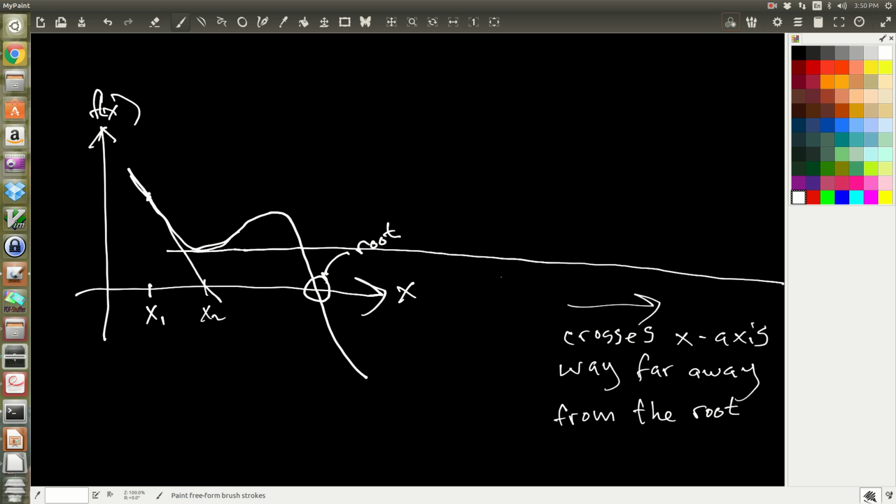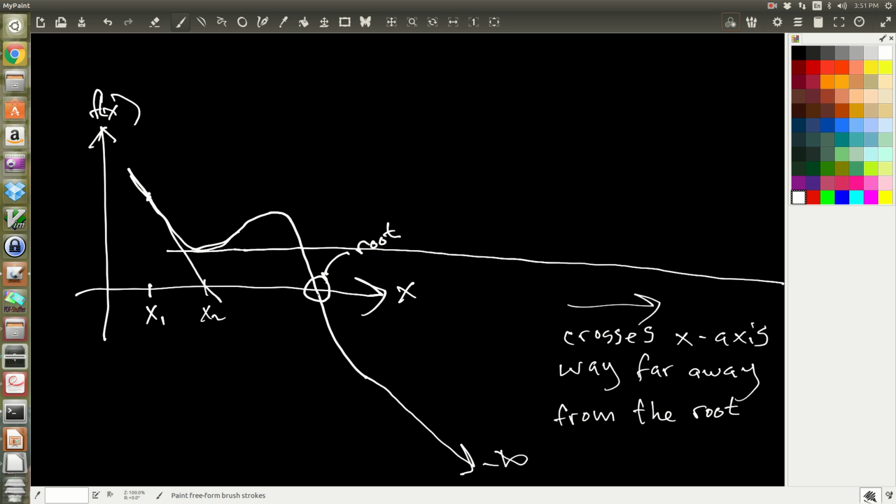Maybe this function goes off to negative infinity, and if it wasn't a zero slope but just close to zero slope, then it's going to shoot off way out here, and then it's going to climb up this hill slowly and eventually get back to here.